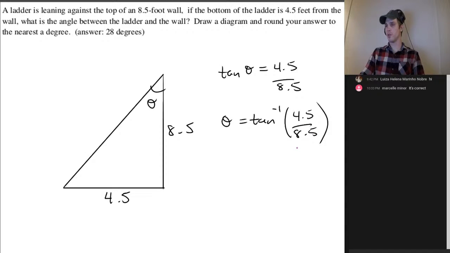And so that is what? 9 over 17? I'm just going to put it in like that so I don't get messed up. Tangent inverse of 9 over 17 is 28 degrees. Okay. So these problems all have the answer here because this is like a study guide, I think.